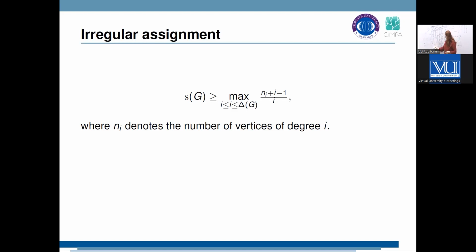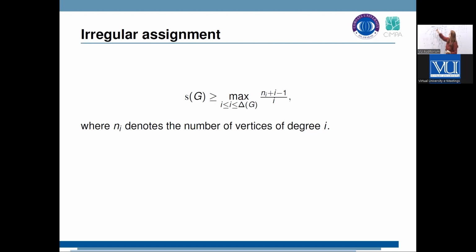So the minimum weight of all of these vertices must be at least 4, because we assign number 1 to every edge. So it is 4, but these vertices must have distinct weights. So this is at least 5, this must be at least 6.